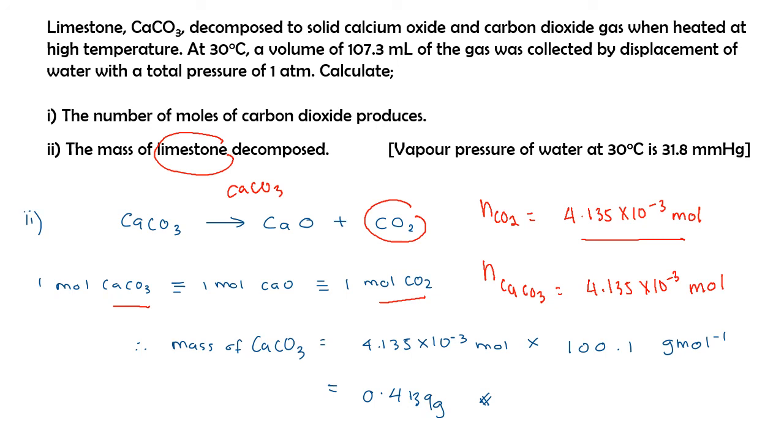And then when you want to find the mass, mass is equal to mole times molecular mass. So times 100.1 gram per mole, and you will get the final answer, 0.4139 gram.